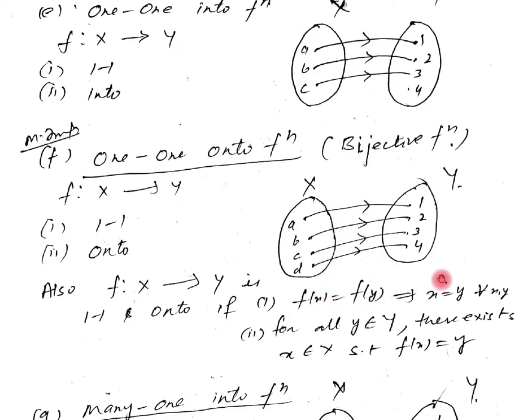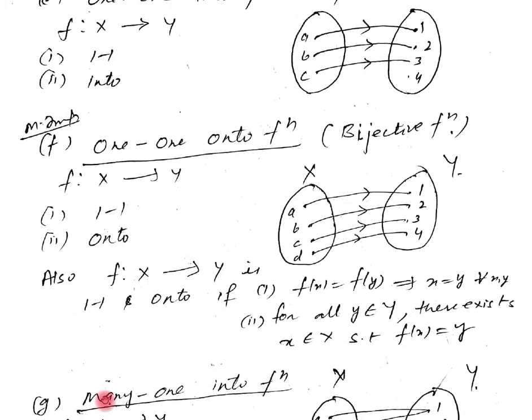This implies x equal to y for all x and y. And the second point for the onto function, for all y belonging to y, there exists x belonging to x such that f(x) equal to y. It means every y is the image of some element from x. Then the function is said to be onto function.